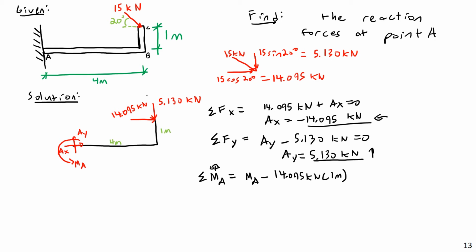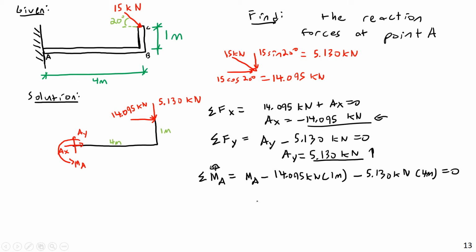Then the vertical component is also going to generate a negative moment about point A, and the moment arm length will be the perpendicular distance of 4 meters. So minus 5.130 kilonewtons times a moment arm length of 4 meters. And this equals 0 because this must be in static equilibrium.